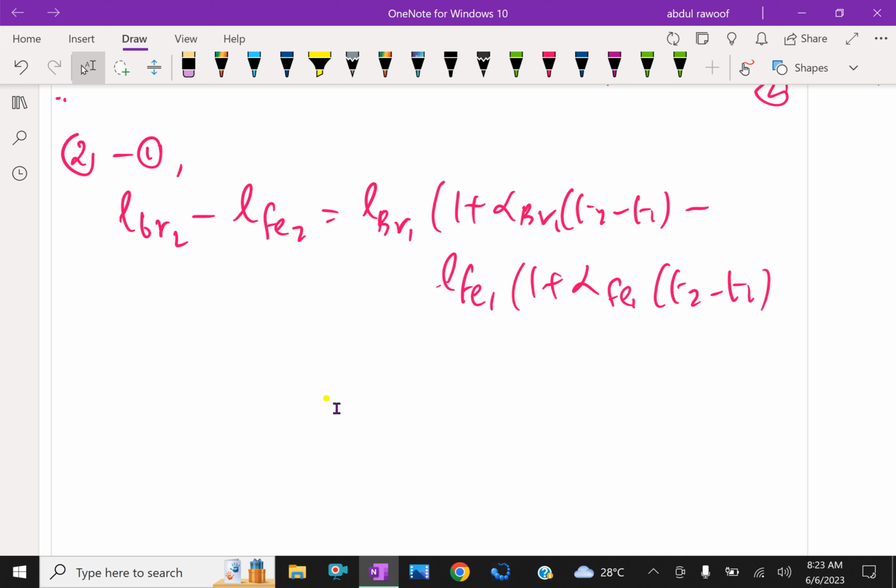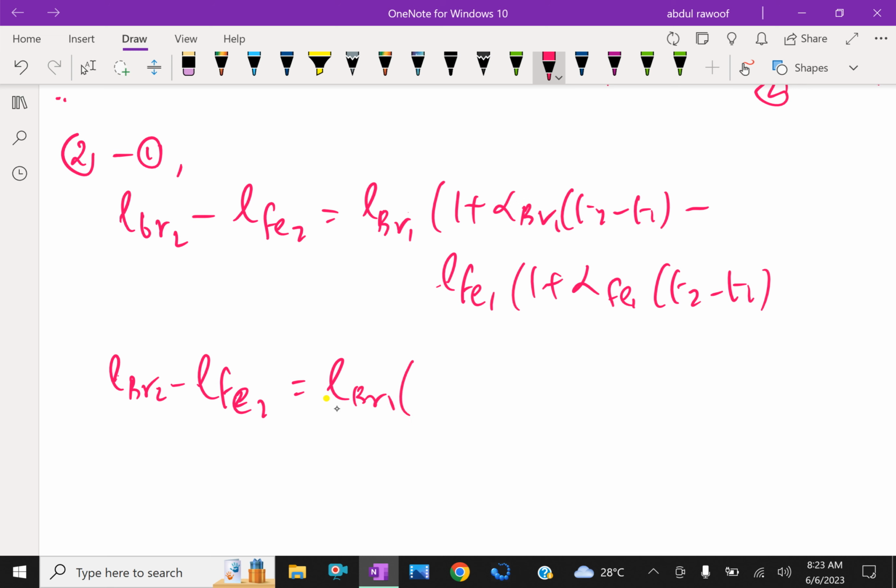Therefore, LBR2 minus LFe2 equals LBR1, which is 1 meter.